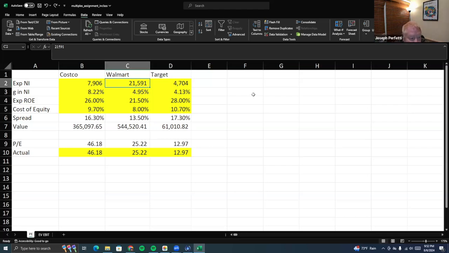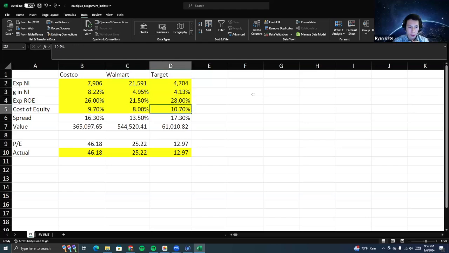You kind of said it, it's the risk. They have a much higher risk profile at Target, 10.7 cost of equity versus 8 at Walmart. Yeah, and if a recession hits, Walmart does have a little bit better growth at a high spread, but really it's all about the risk between the two. Okay. Yeah, and we talked about that a bit ago, right? During this, the more cyclical, if they get hit by inflation harder and stuff.